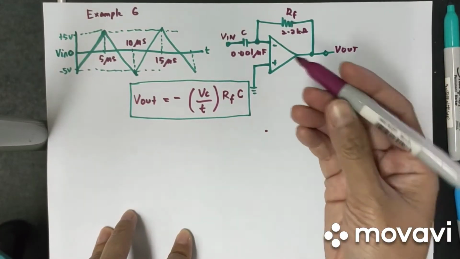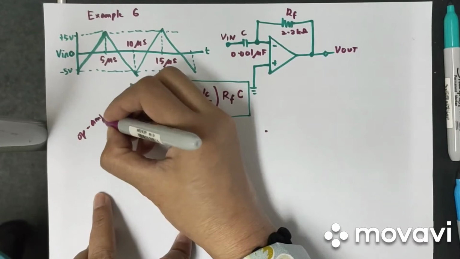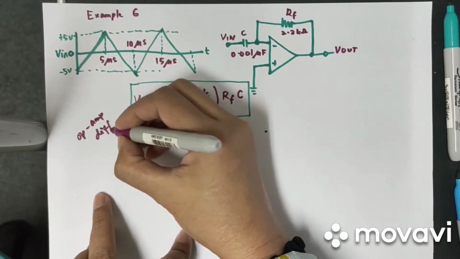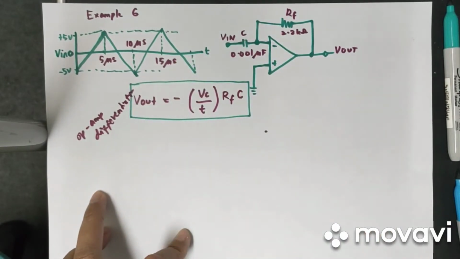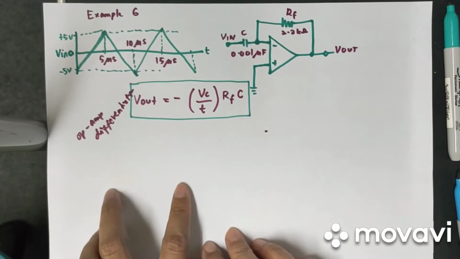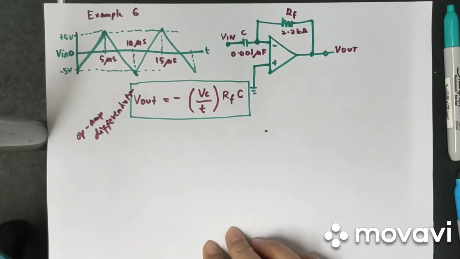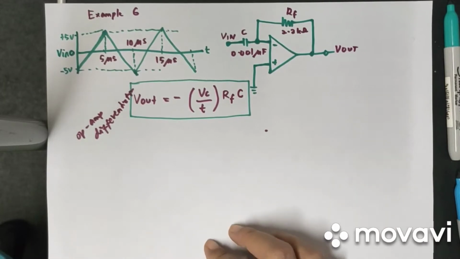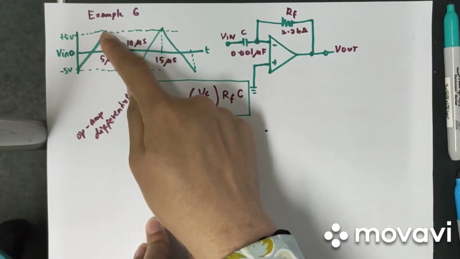Okay, so for the positive going ramp, for the start here, it's a positive going ramp.